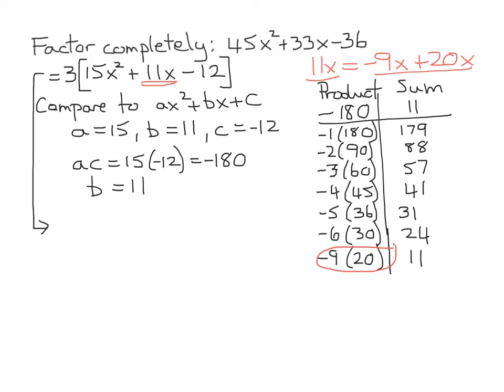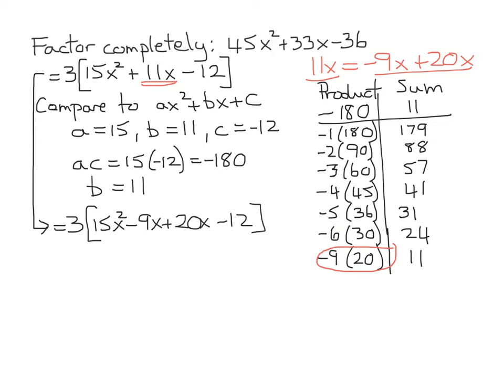So don't forget, we still need to leave the 3 in front as the GCF. And now what we're going to do is write this, but instead of 11x, we're going to write this expression. So I'm going to have 15x squared minus 9x plus 20x minus 12.